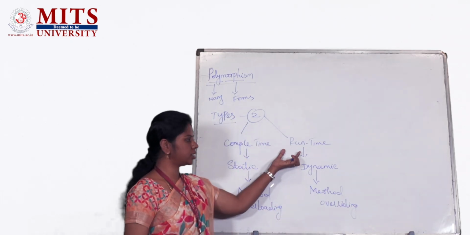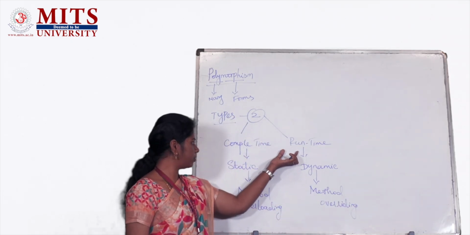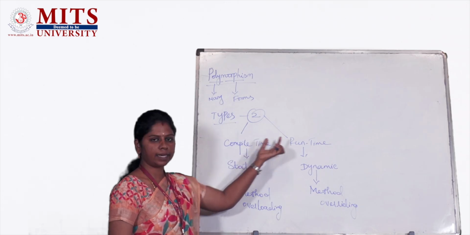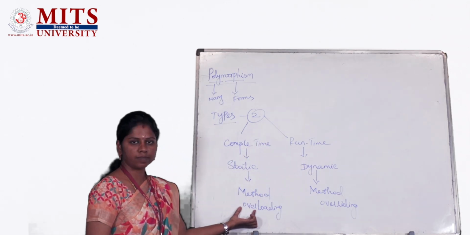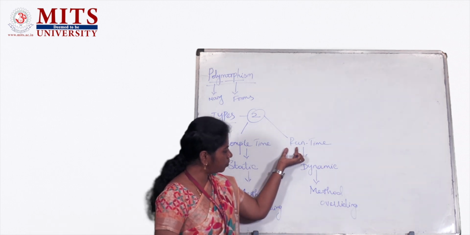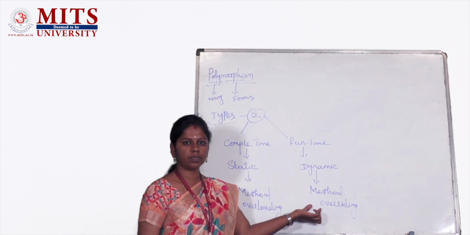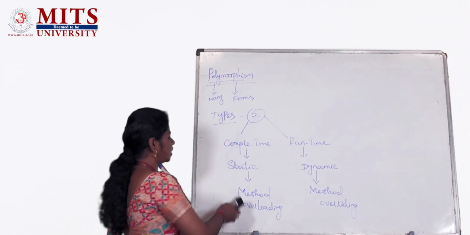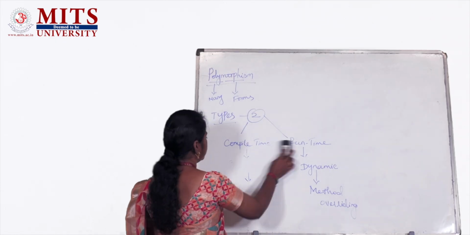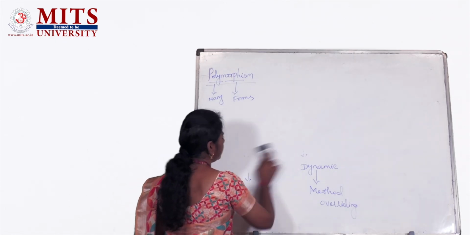So two types are there, compile time and runtime. Compile time polymorphism can be achieved by using method overloading, and runtime polymorphism can be achieved by using method overriding, right? So let's see method overloading and method overriding elaborately.